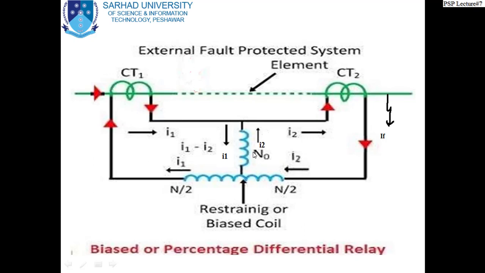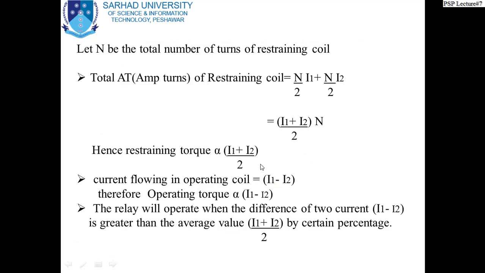And naturally, as in the previous example, I1 and I2 are the currents flowing in the operating coil, and their directions are opposite for this particular fault. Again let n be the total number of turns of the restraining coil. So the total ampere turns of the restraining coil is n divided by 2 times I1 plus n divided by 2 times I2.